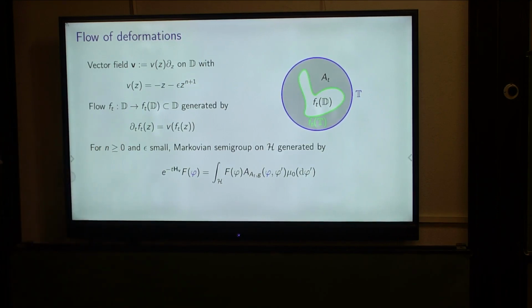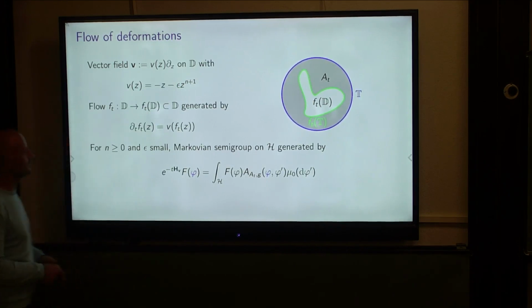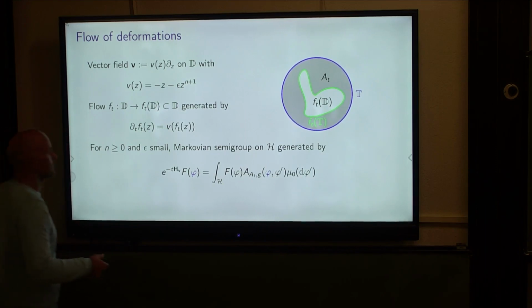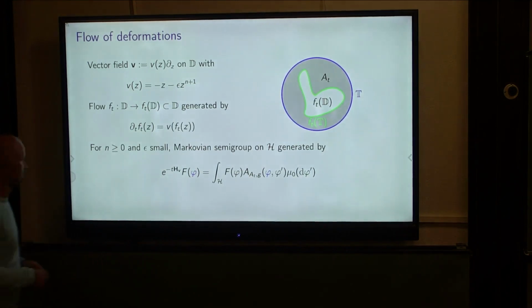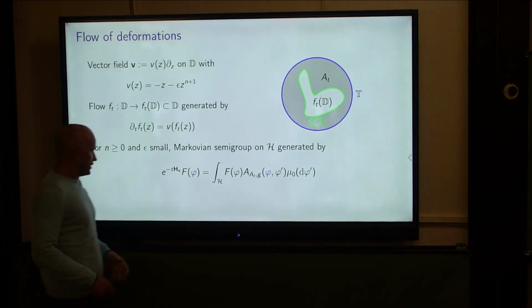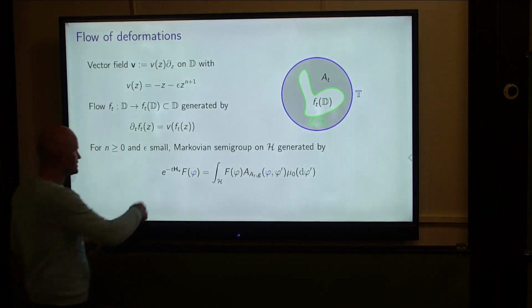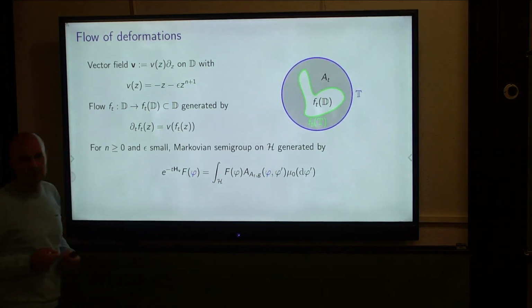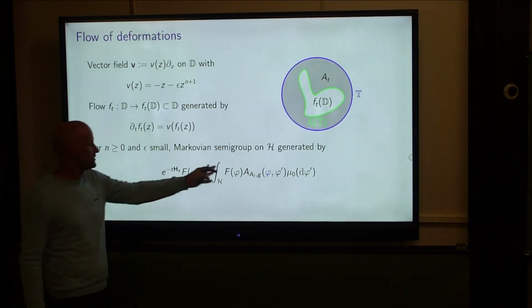So how do you create all the other eigenstates? So again, you play with the flow of deformation. You take a holomorphic vector field, you look at the amplitude that you've got in the gray area, and you have again a semigroup like for the free field. And this H_V will give you the Virasoro operators, but in the Liouville setup. Okay? So you have this probabilistic representation.